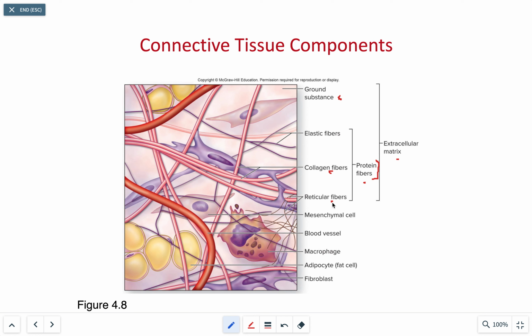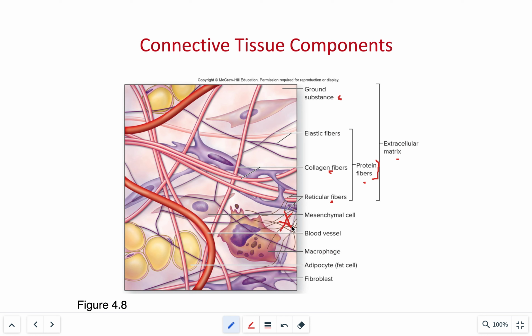The next one is the reticular fibers. These reticular fibers have an interwoven framework that is extremely tough. I'll just draw over one here, but they form this crisscross or interwoven framework that's tough and flexible.